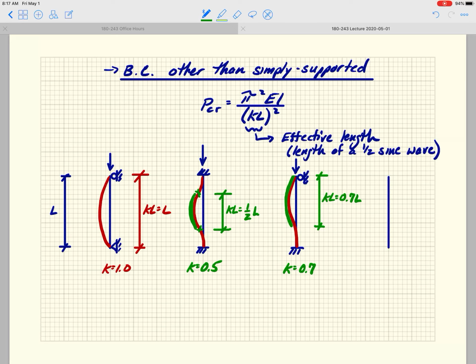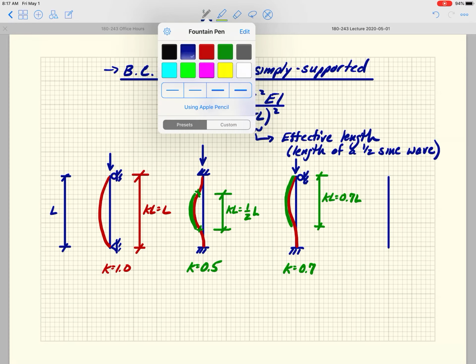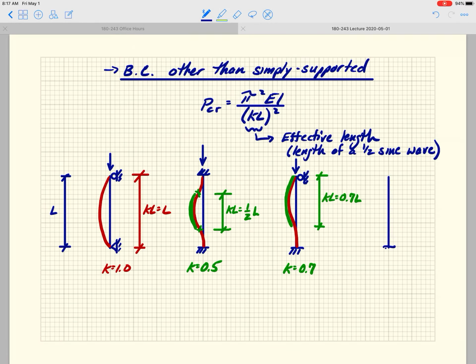And then the last one that we're going to discuss looks like this. Now I'm going to put my axial force on top. And now, this is interesting, the buckled shape looks like this. So that's not a half sine wave, that's a quarter of a sine wave.